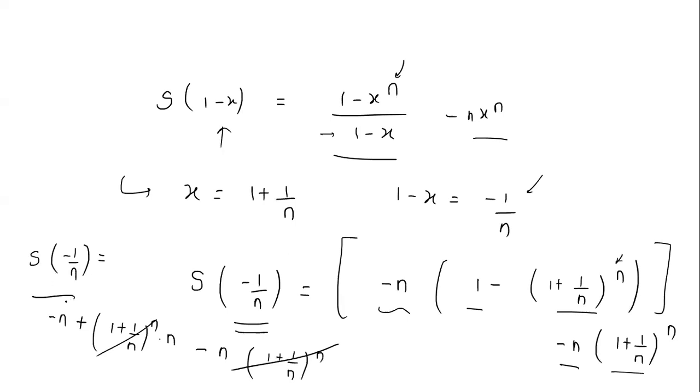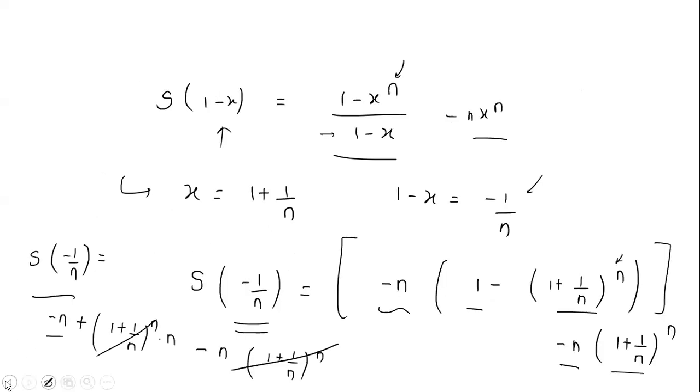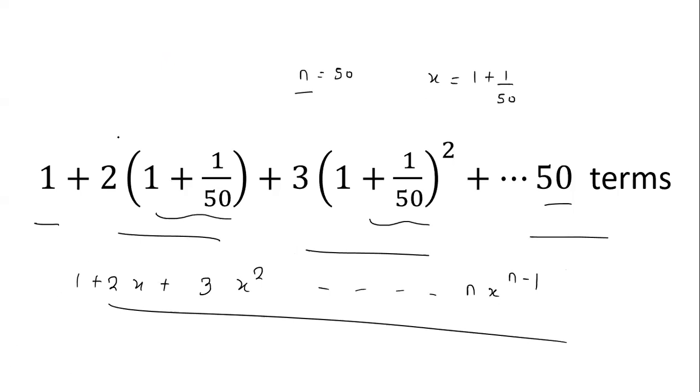Then S is equal to n square, and n we assumed initially to be 50, so the sum will be 50 square, which is 2500. In this way we can solve this. The final sum of this series is 2500. So in this way you can solve.